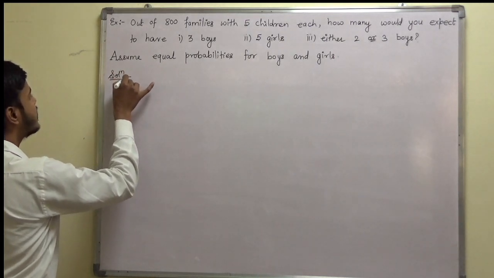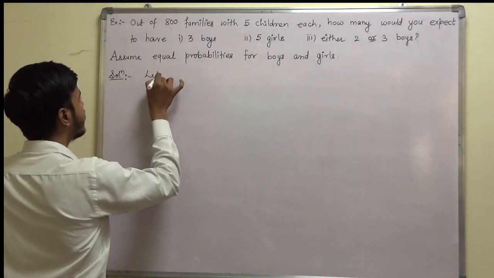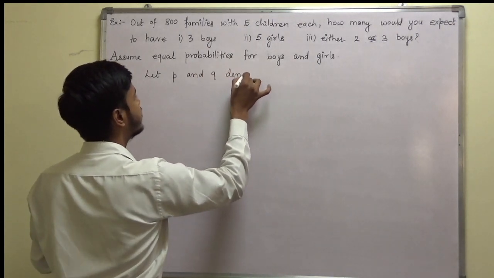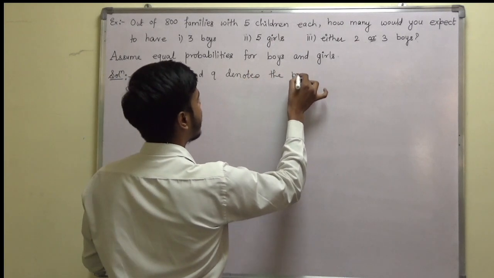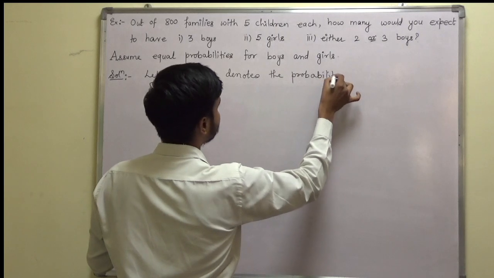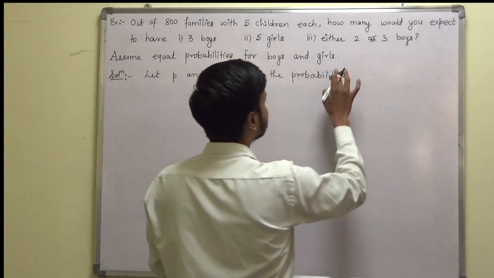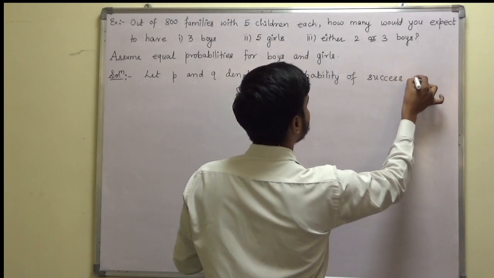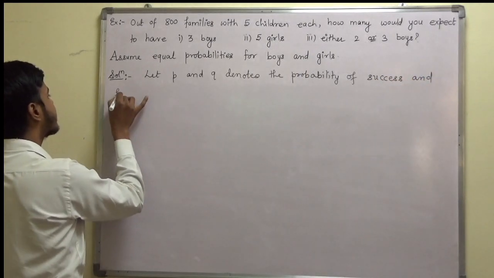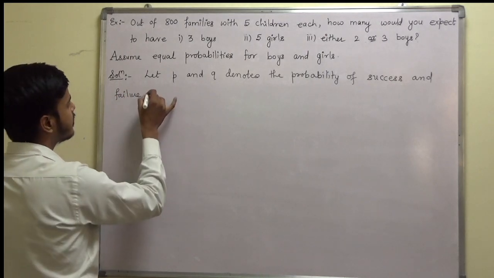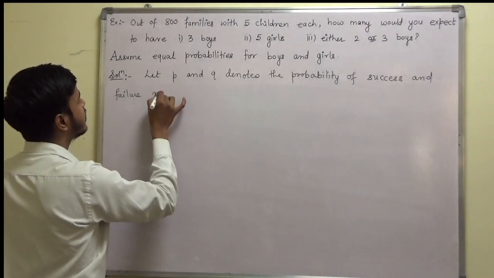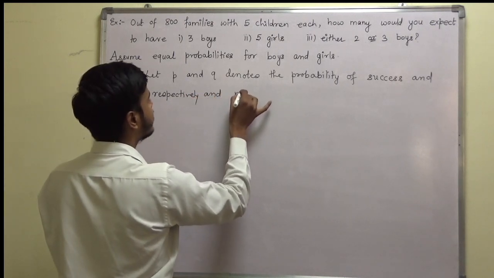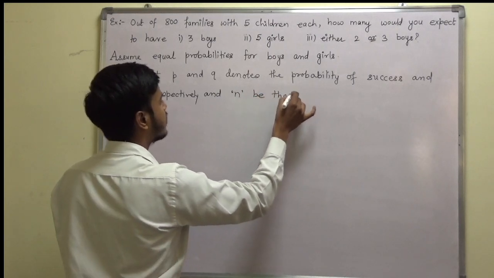As you all know, it has only 2 outcomes, so let p and q denote the probability of success and failure respectively, and n be the number of trials.